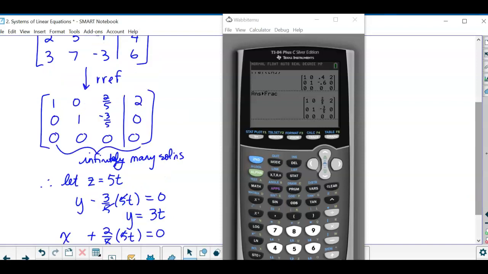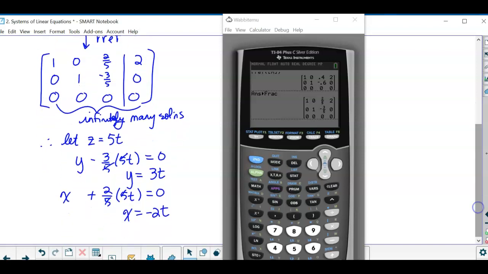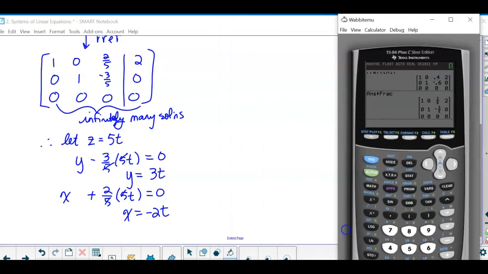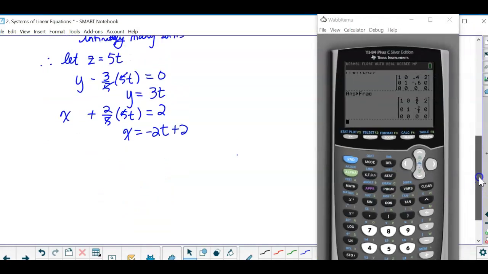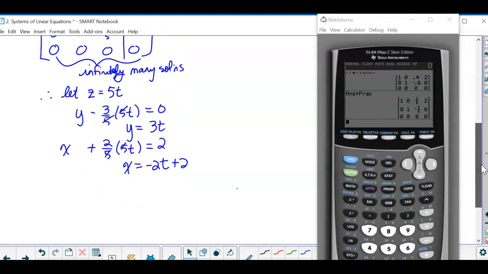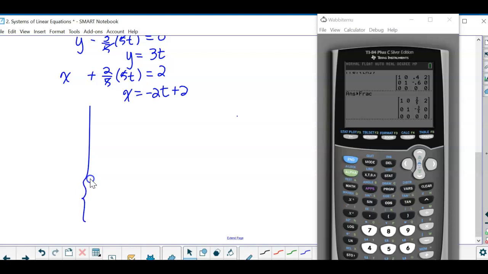What did I do? Oh, equals 2. Right, sorry. Equals 2. So negative 2T plus 2. So then you can just summarize that.